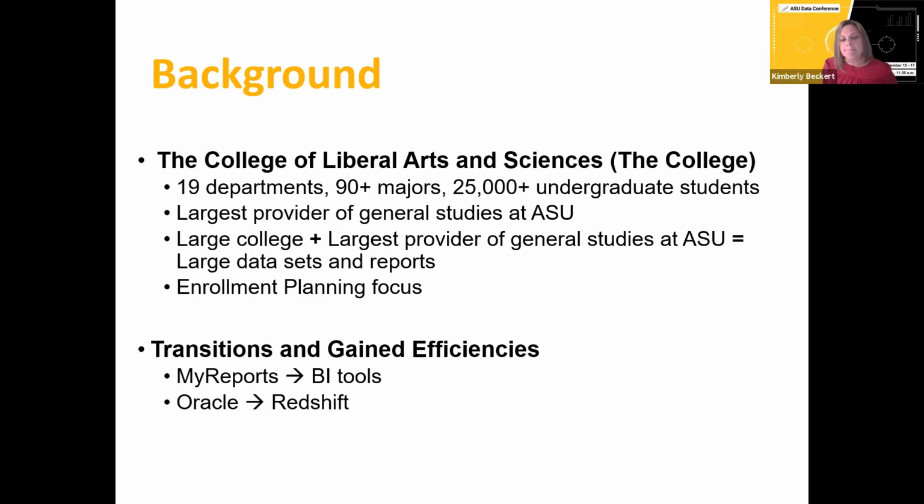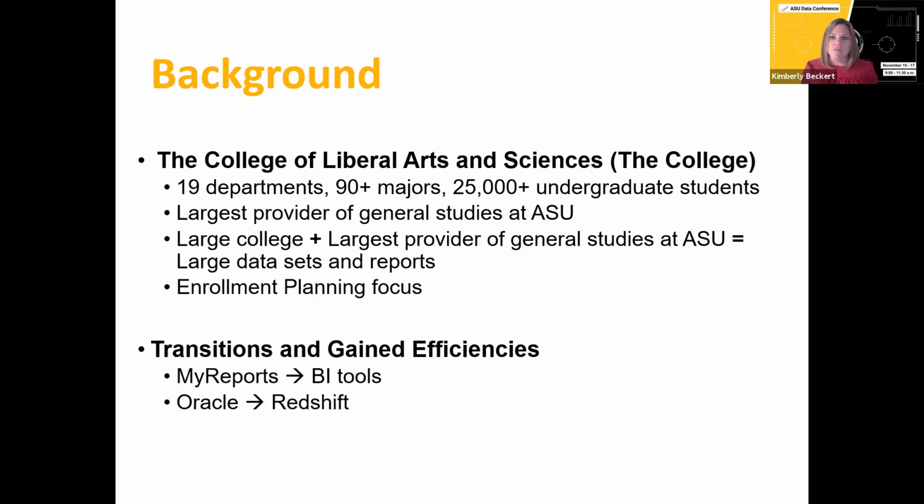So like probably everyone who did this transition, as we transitioned away from my reports into using some of these new tools, we were looking for a lot of how could we improve our processes? What efficiencies can we gain in using the new tools? And this is particularly relevant because of that enrollment planning aspect.